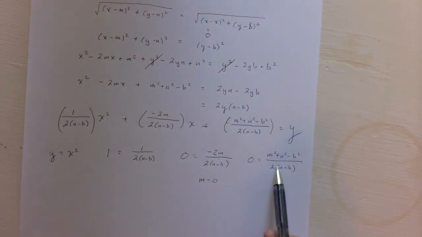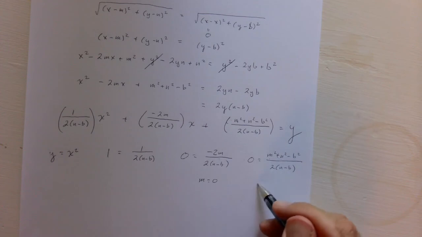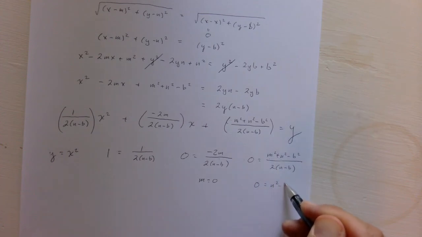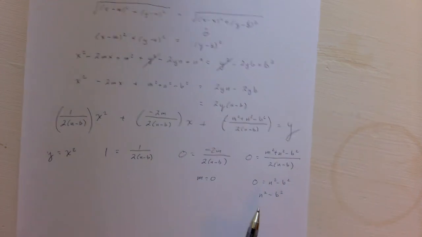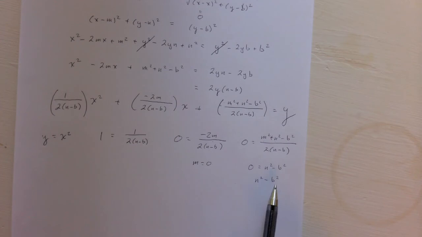If m is 0, then n squared minus b squared has to be 0, which means n squared equals b squared, so either n equals b or n equals minus b.